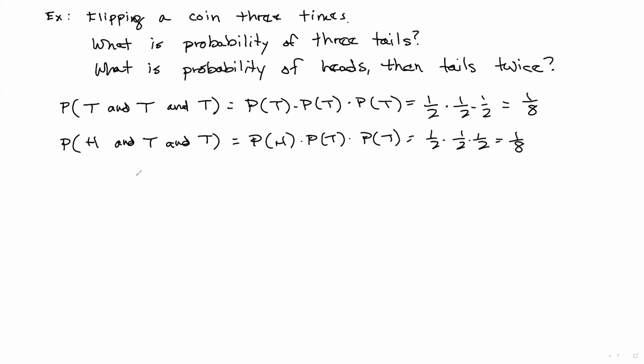The probability of tails, tails, then heads would get us another 1/8. And so there's 3 different ways you could get a head with 2 tails. And so, yes, the probability of a head with 2 tails, where the order doesn't matter, is going to be higher than doing tails 3 times. But when you specify the order, that makes it so that the probabilities are no different.